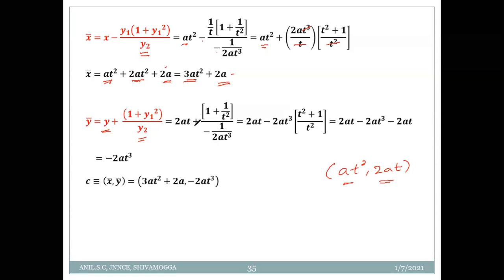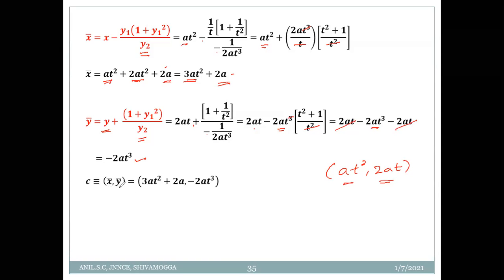Therefore, 2at plus into minus minus, transfer this to the numerator, 2at cube. 1 plus 1 over t square can be written as t square plus 1 divided by t square. Here, cancel this t square with the t square here. What is left here? Only 2at. This is equal to 2at minus 2at into t square is 2at cube, minus 2at into 1 is minus 2at. Cancel this 2at with this minus 2at. You get minus 2at cube.